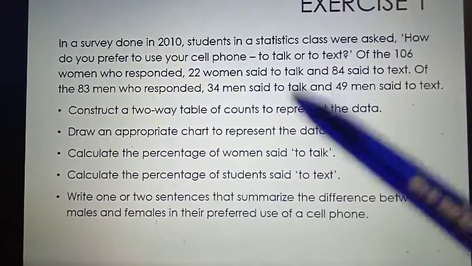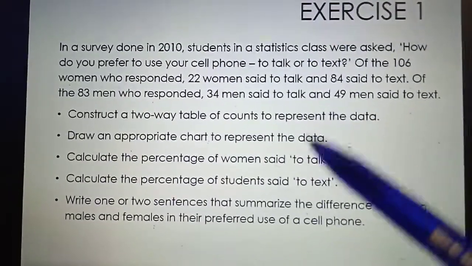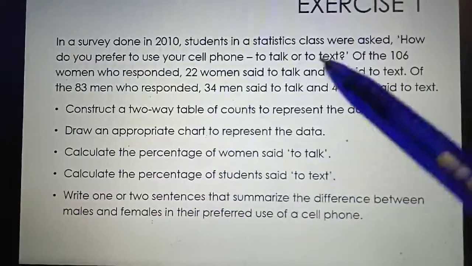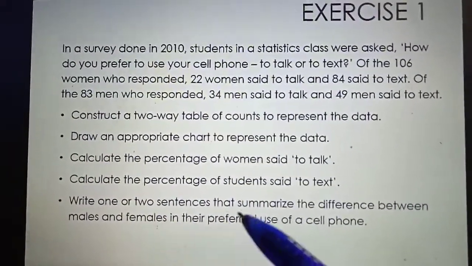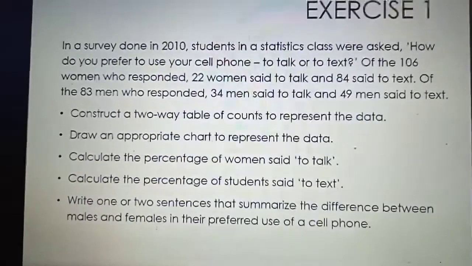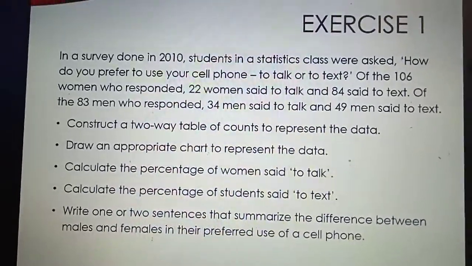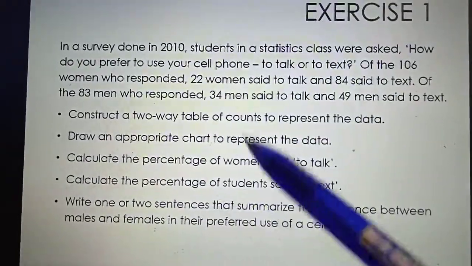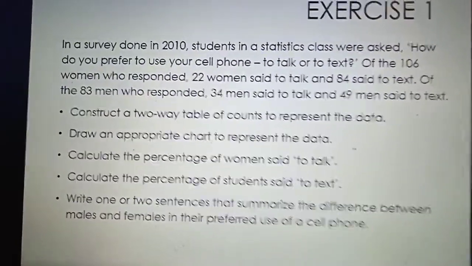Satu lagi, bentuk chart. Apa chart yang paling sesuai untuk represent data yang kita form dalam bentuk table. And then write 1 or 2 sentences summarizing the difference between male and female in their preferred use of a cell phone. So kita buat sentence, apa kesimpulan kita boleh dapat daripada chart ataupun table tersebut.